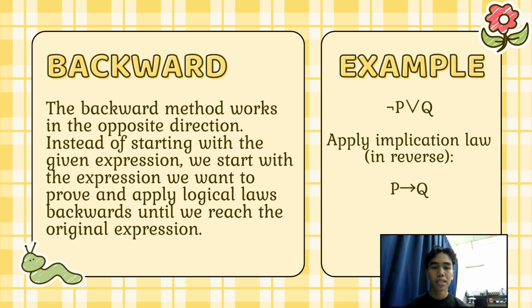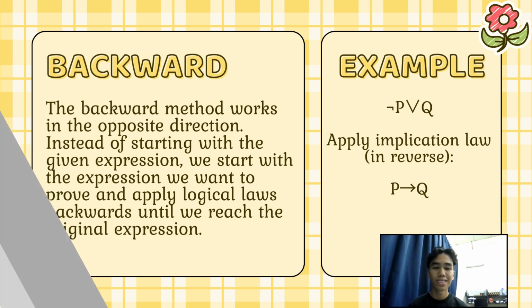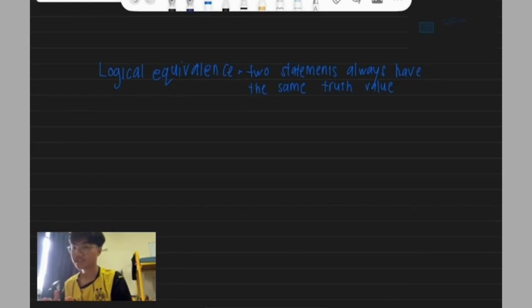So for the second example, not P or Q, when we apply the implication law, it will become P implies Q, just like the previous example. In conclusion, the forward method starts from the given statement, while the backward method starts from the statement to be proven. Both methods rely on logical equivalence laws and help us clearly demonstrate logical equivalence. So let's move on to the next page.